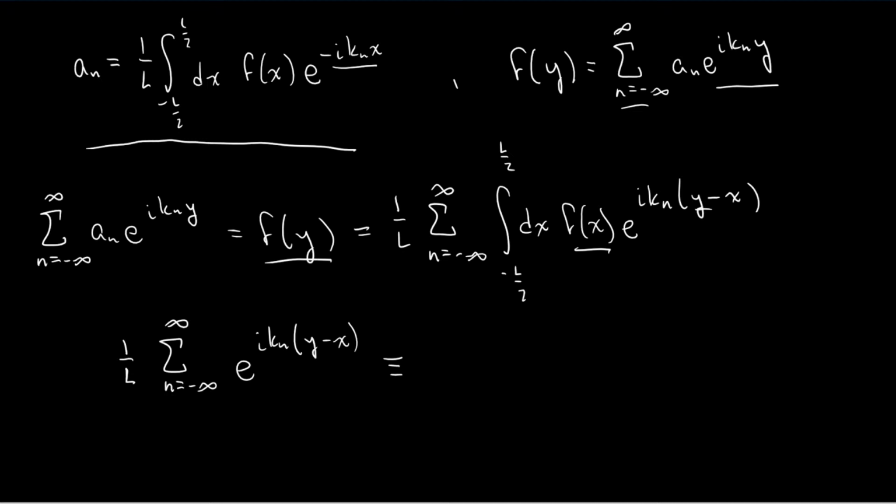So I'm just going to call this something else, some new function. Call it delta. And I use the term function loosely. Technically, I believe this is known as a distribution.